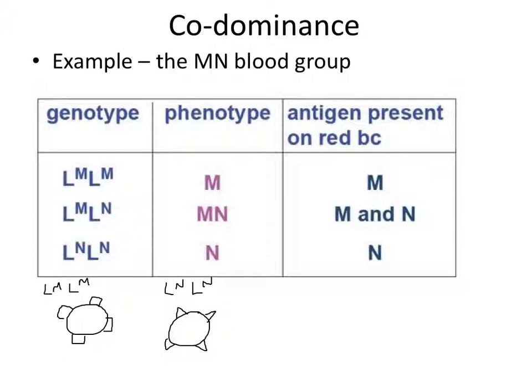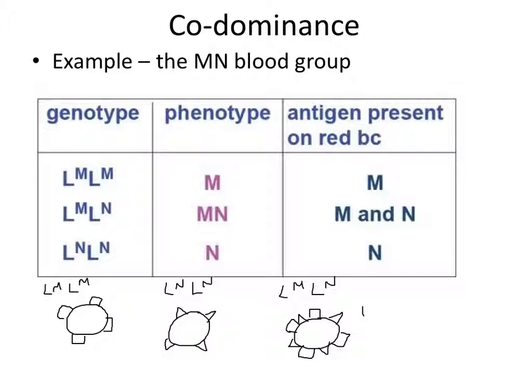Now what's interesting is that the heterozygote, LM, LN, is going to show us what codominance really means. Their red blood cells are going to contain both M-type and N-type. Getting a bit crowded here, okay? It's not that they make more antigens, it's just that they make both forms.